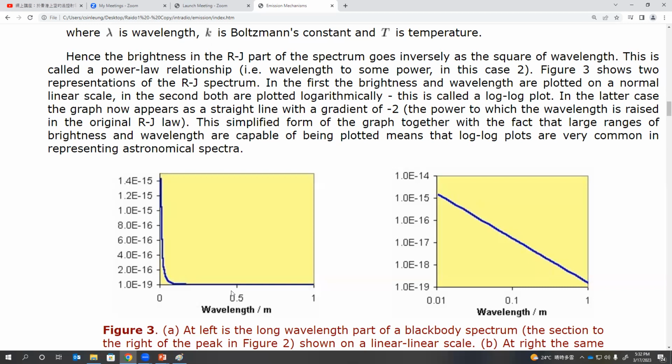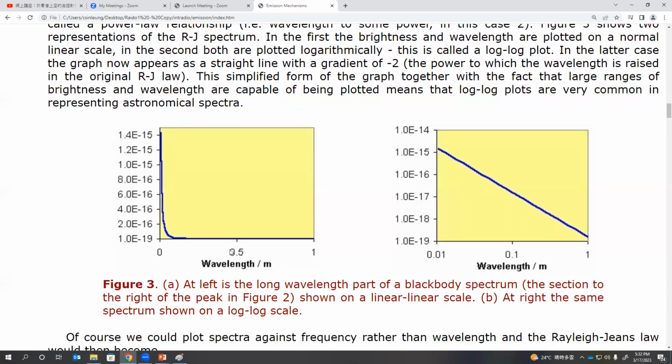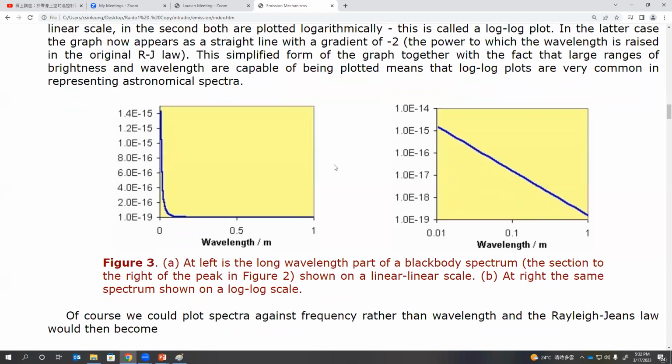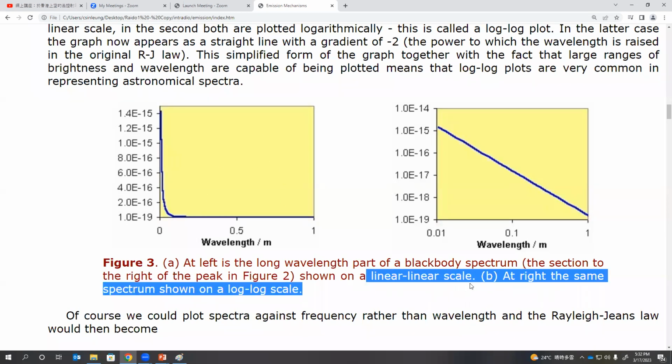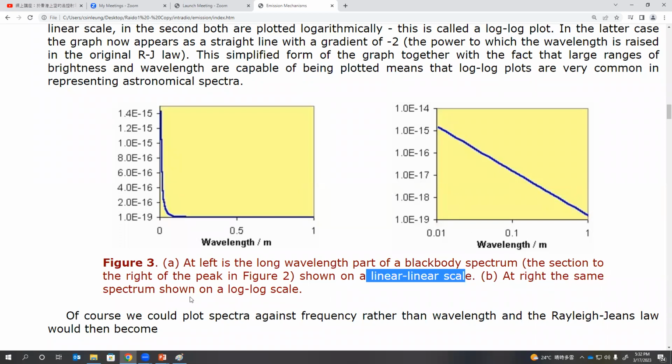However, if you use some simple math skill, if I take the log on the two scales, what do we get? On the left-hand side, we get a linear scale, but on the right-hand side, we have a log scale.